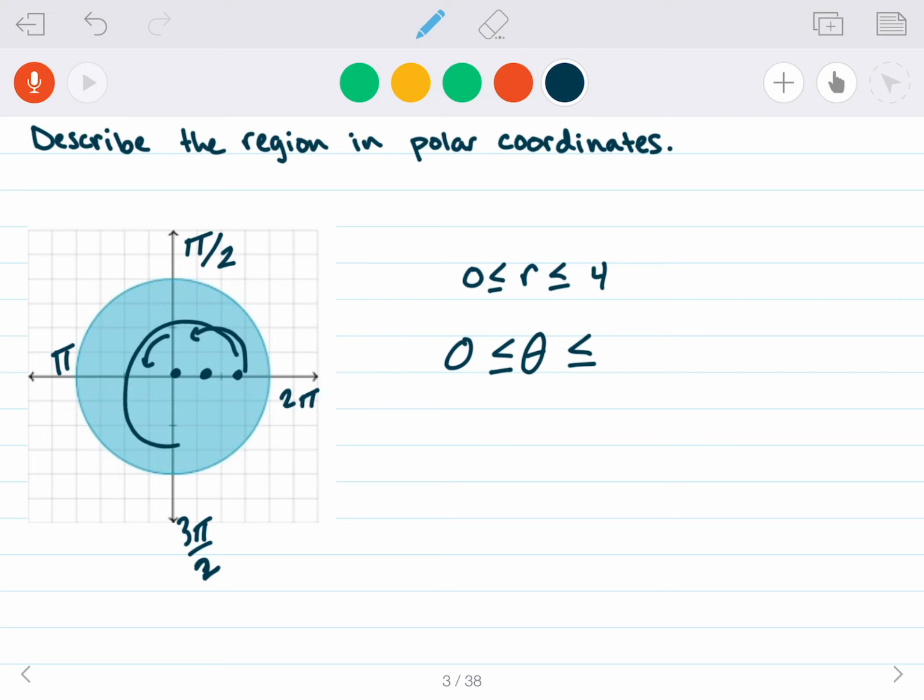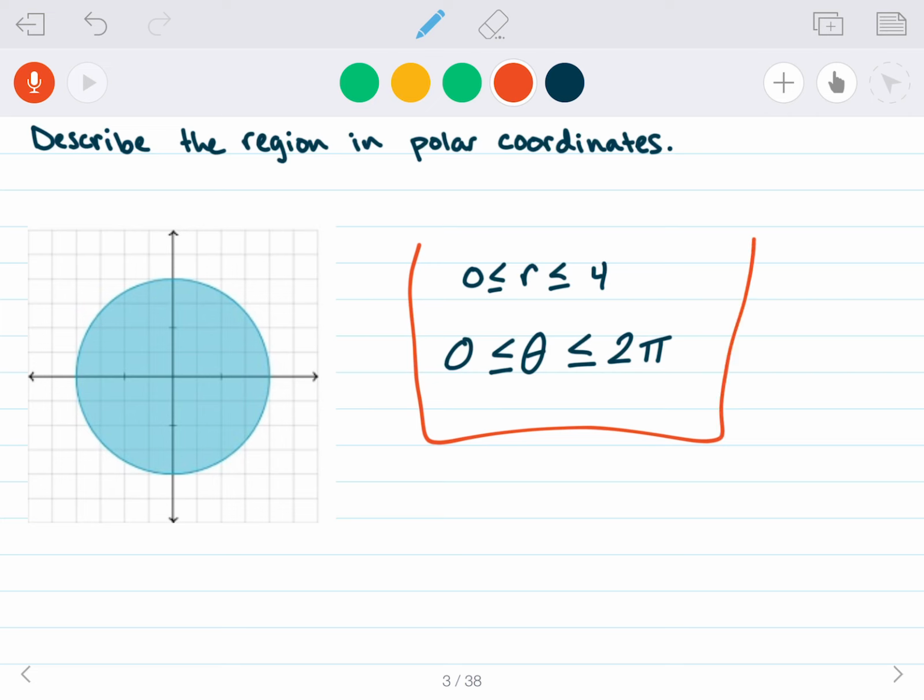So theta can be anything between 0 and 2 pi. That could be our angle from the x-axis. And that's how we describe this region in polar coordinates. So it's just a circle of radius 4 centered at the origin, and this would be how we could describe any point in that set using polar coordinates.